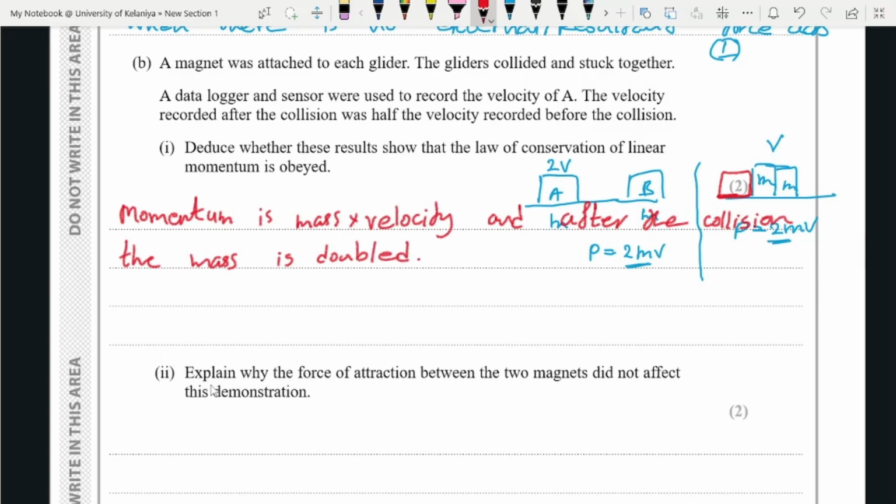Then even if mass is doubled, our velocity is now halved, so momentum remains the same. You have to mention that.